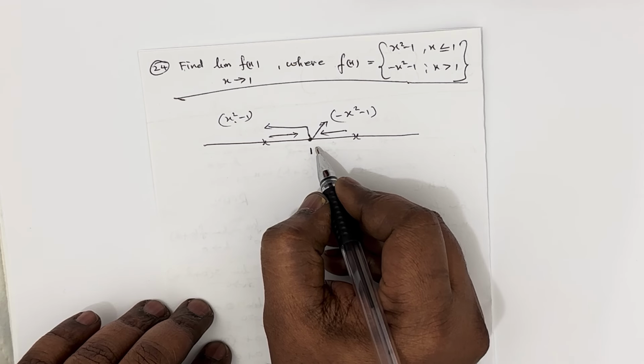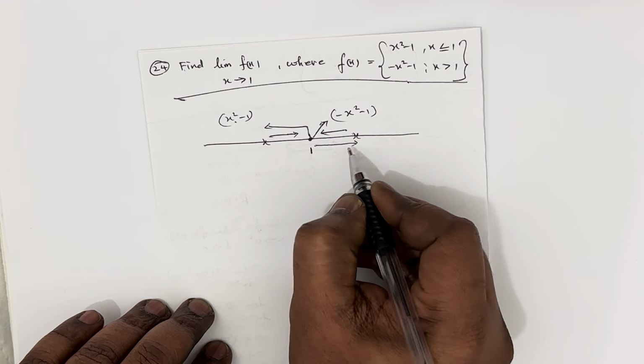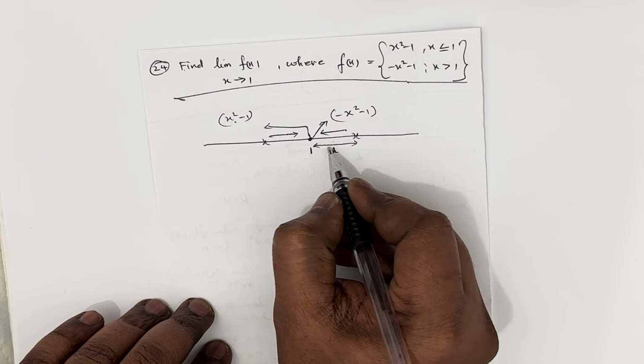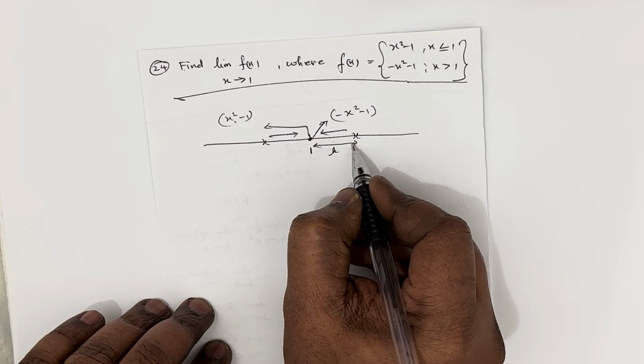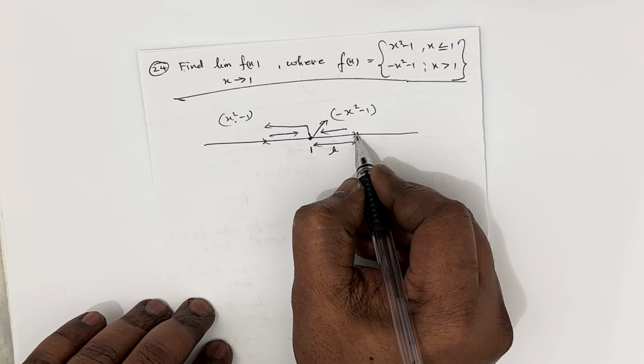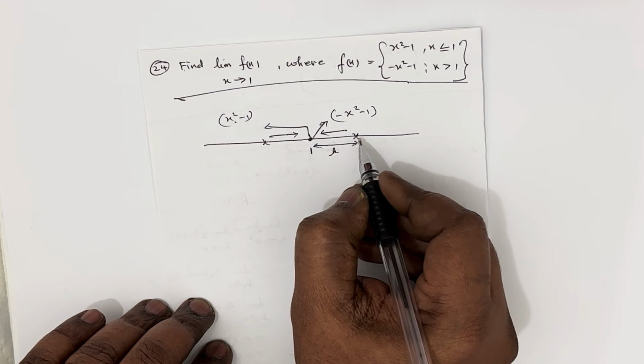Now this distance, this length, we consider as h, and this h gives us the position of x.